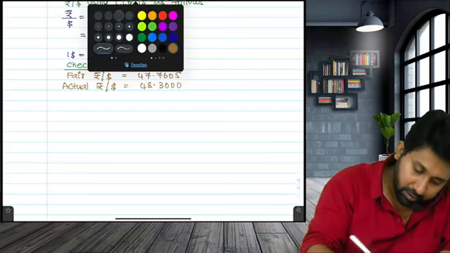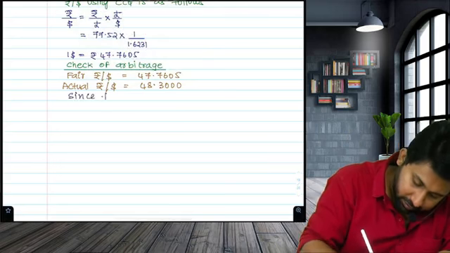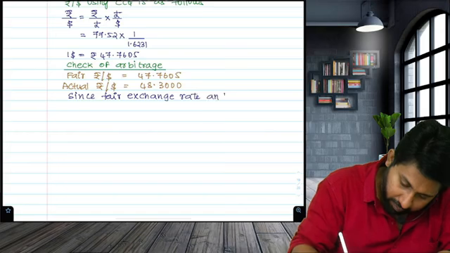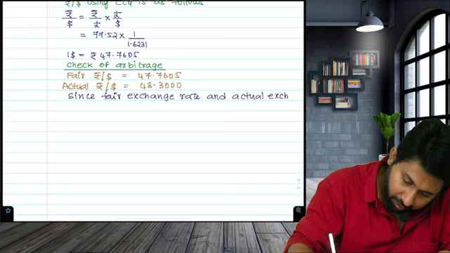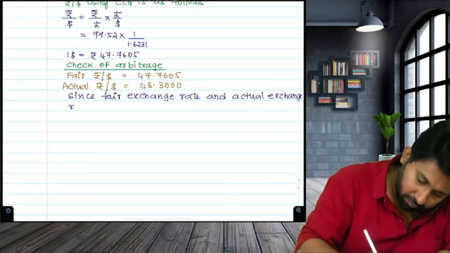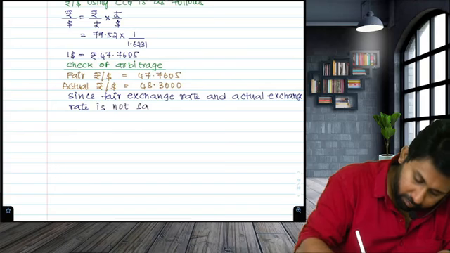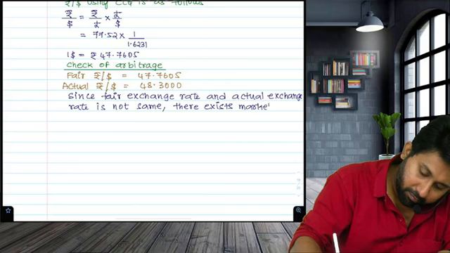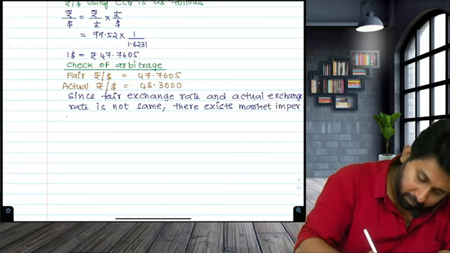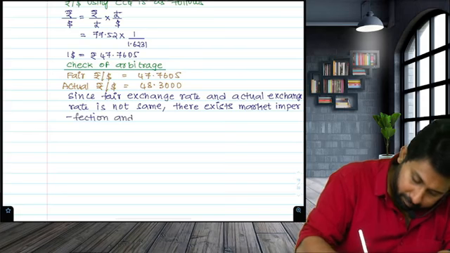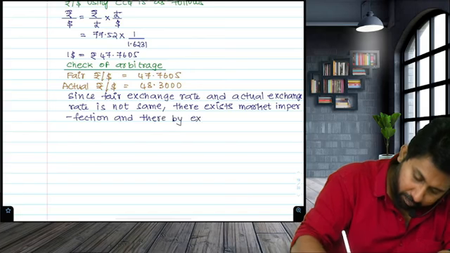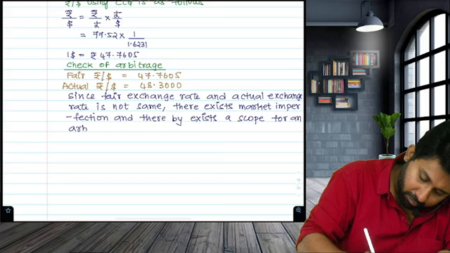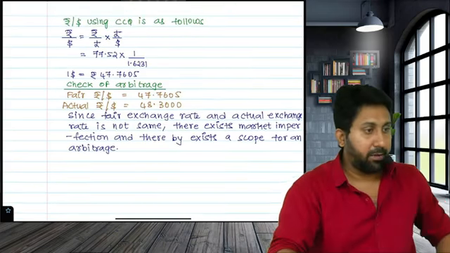Okay, now since there exists a difference, thereby there exists a scope for an arbitrage.